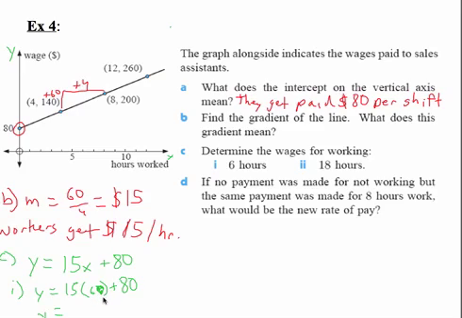So if I use 15 times 6 plus 80, I actually get $170. And second part, we'll have y equals 15 times 18 plus 80, which is $350.